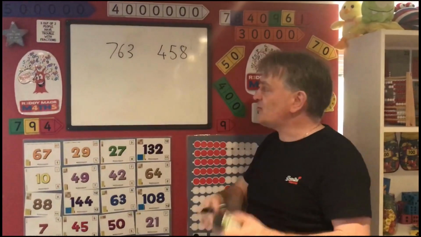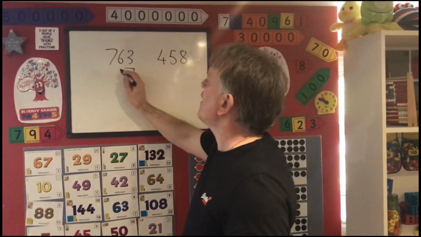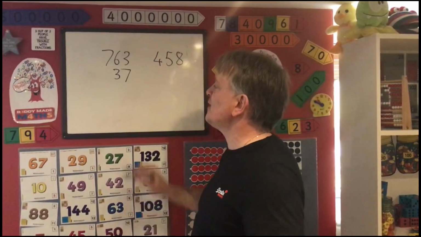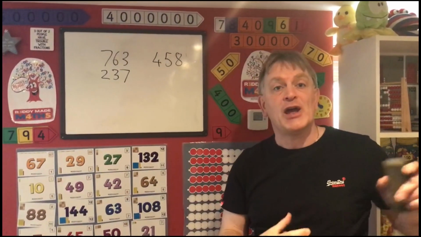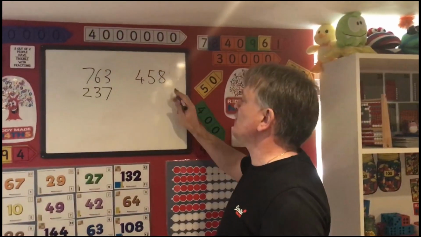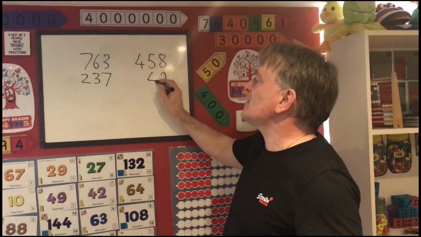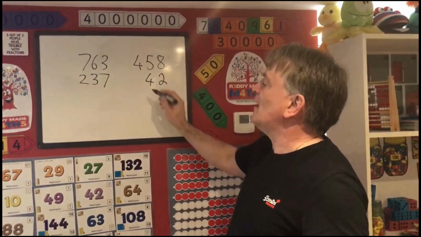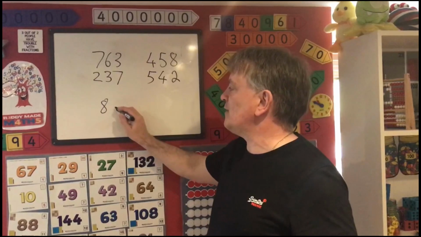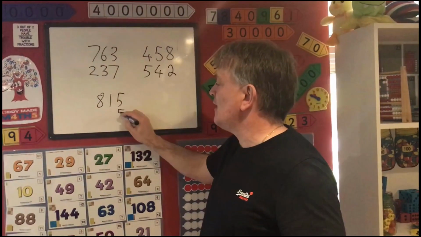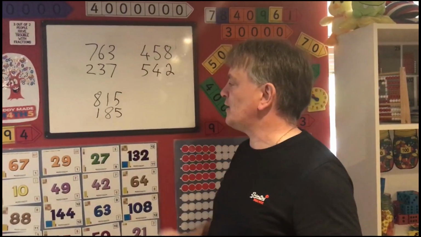Let's do it in stages. 763 and 7 makes 770, and 30 makes 800, and 200 makes 1,000, and we do that with resources like we looked at yesterday with place value counters. 458, add my 2, gets me to 460, add 40, gets me to 500. Add 500 makes 1,000.